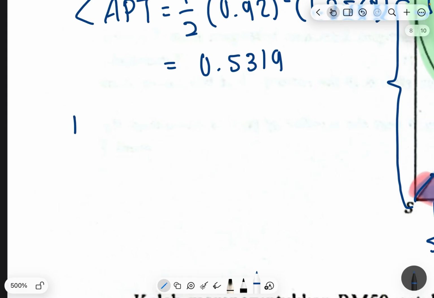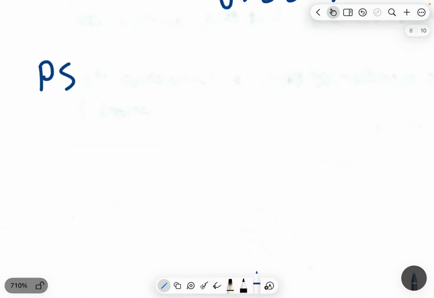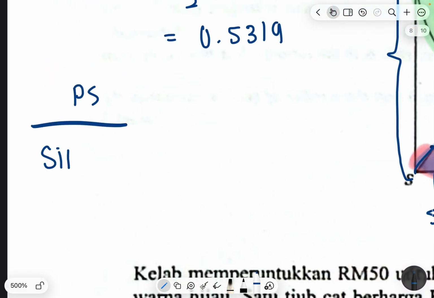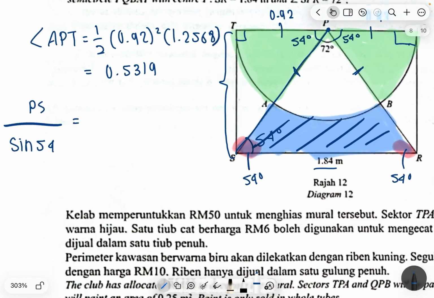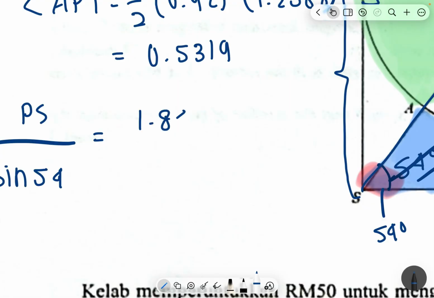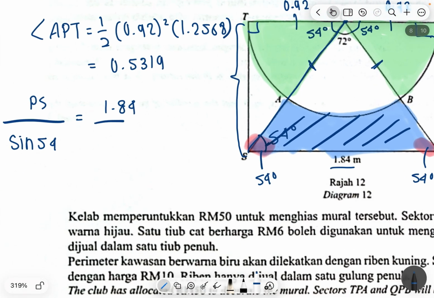So PS over sin 54 is equal to SR over sin 72. SR is 1.84, so PS over sin 54 is equal to 1.84 over sin 72.